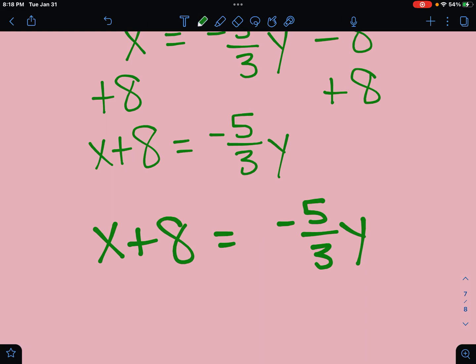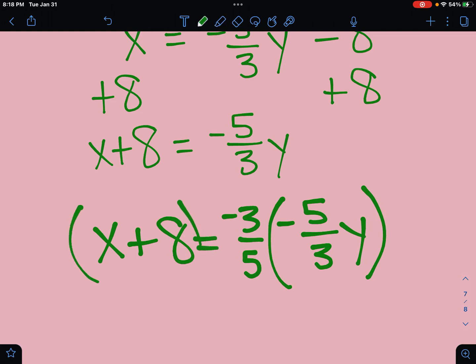So not only do I need to multiply by 3 over 5, I need to multiply by negative 3 over 5. Okay. Make sure on this side over here that you use parentheses.